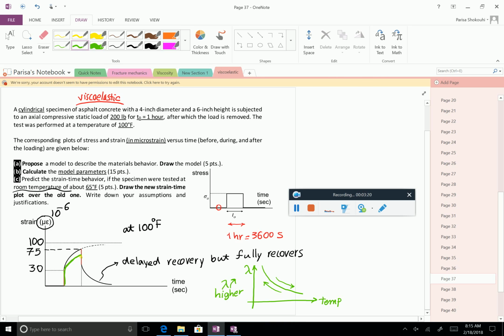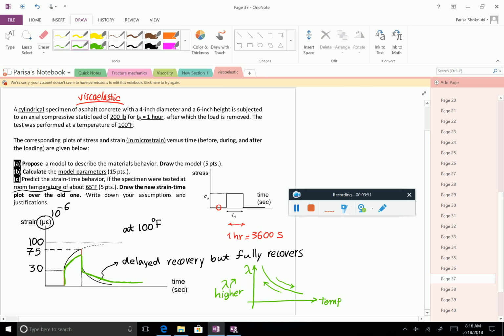And then of course the amount of recovery would not change much, but if you have lower temperature, the rate of delayed recovery will be also slower, meaning that it's going to take longer time for the material to recover.